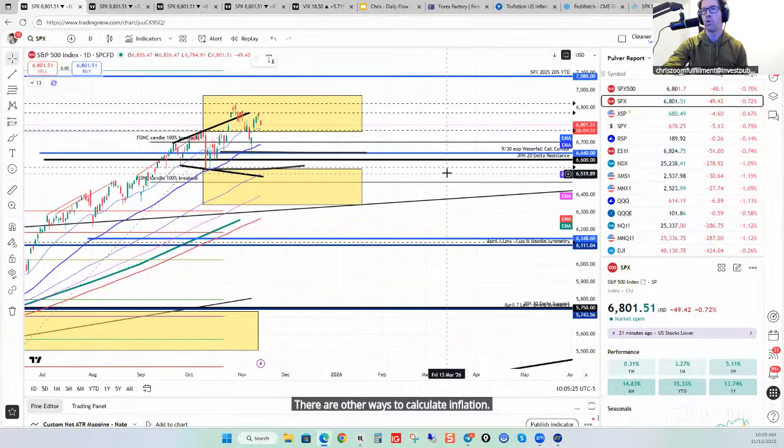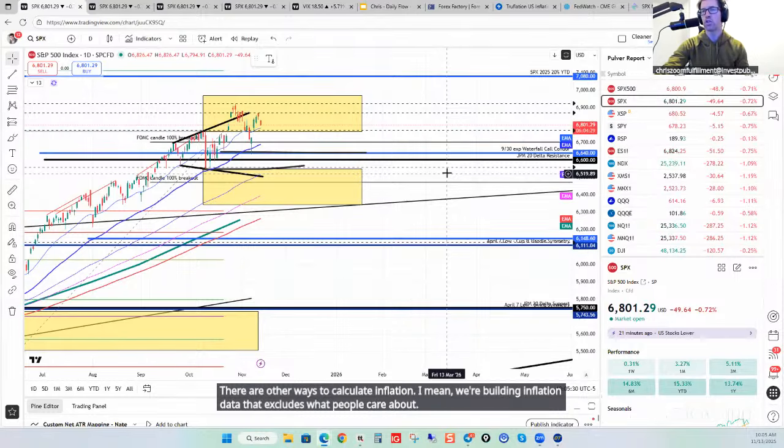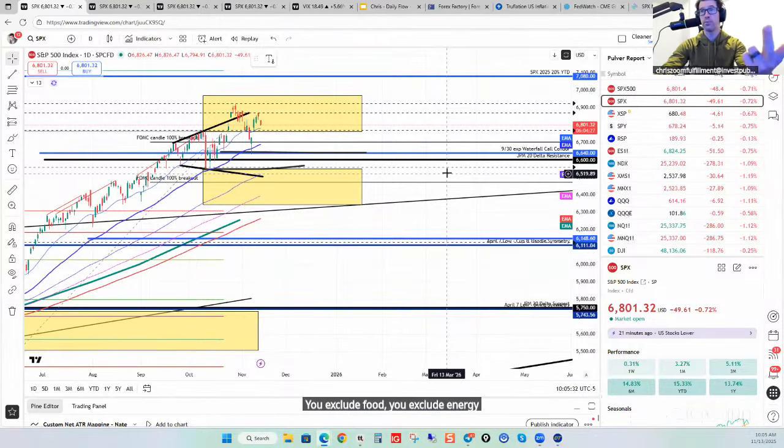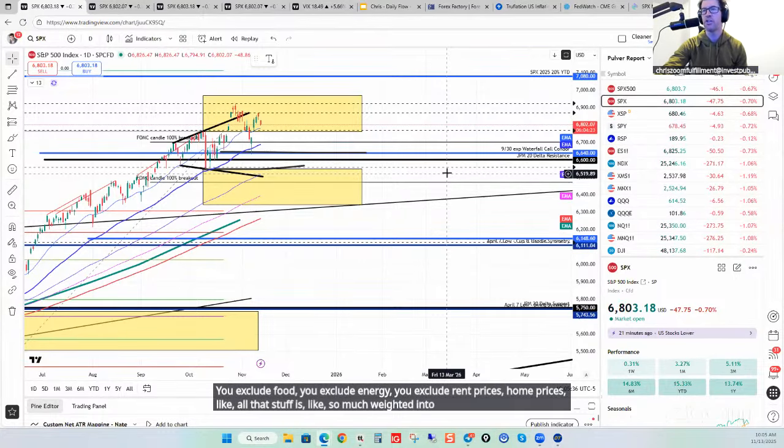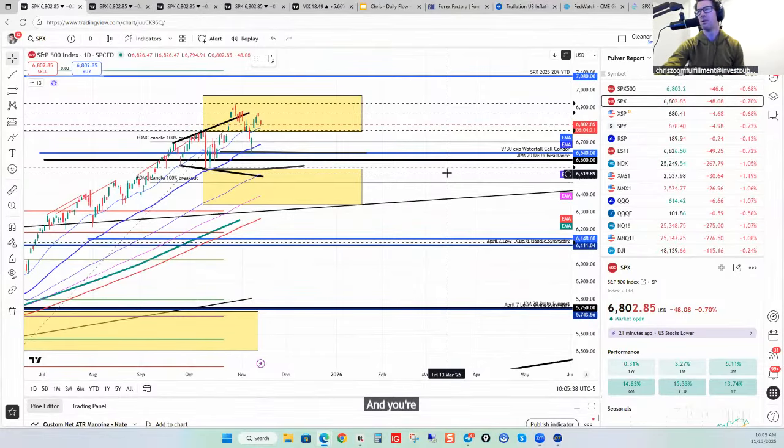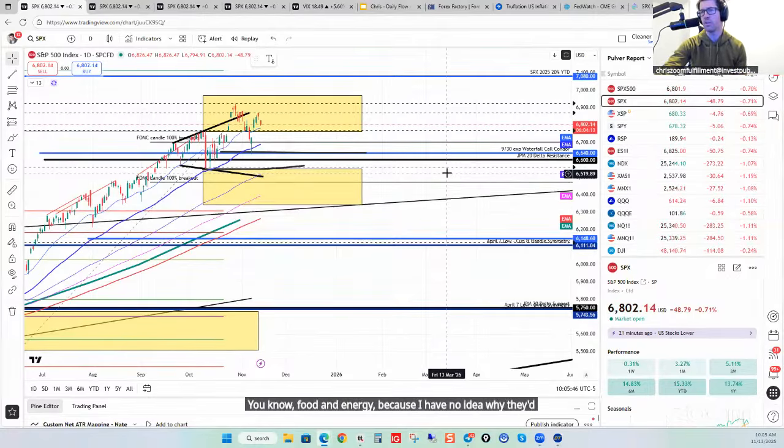I mean, we're building inflation data that excludes what people care about. You exclude food, you exclude energy, you exclude rent prices, home prices, all that stuff is so much weighted into real inflation. And you're just like, we'll just take that away because shelter is lagging. I have no idea why they'd exclude food and energy for core CPI. That's insane.